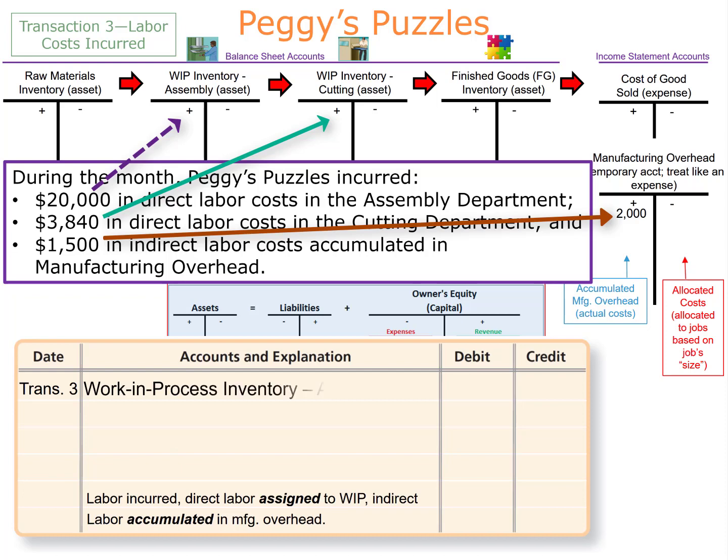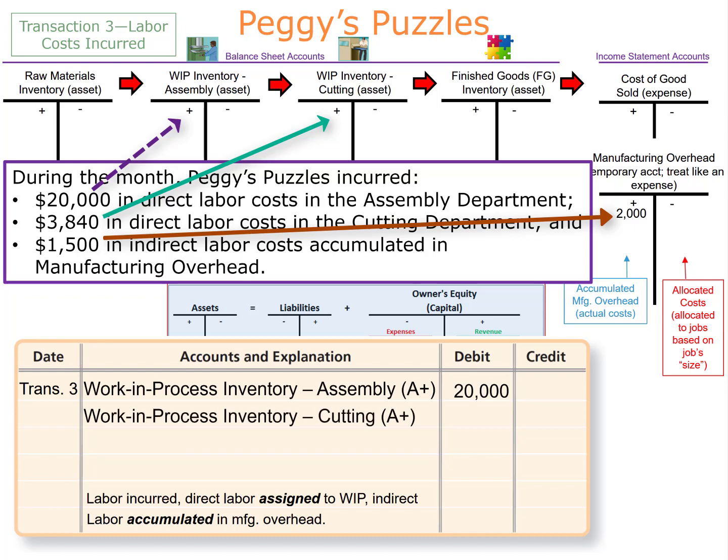So the work in process inventory account for the assembly department increases by $20,000, and since they are asset accounts, they increase on the debit side. They are increasing because the cost of the product increases as we pay our employees working on the puzzles. This $20,000 represents the wages of the employees working directly with the assembly department's pressing machines.